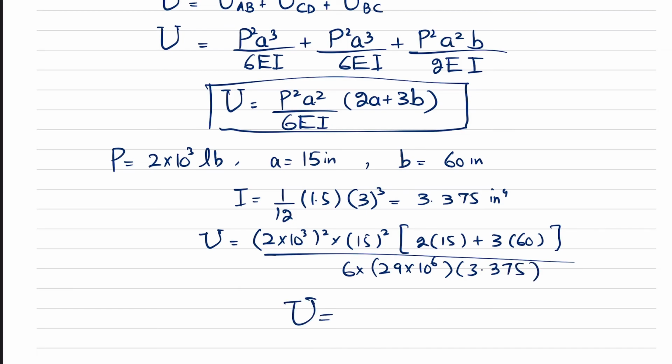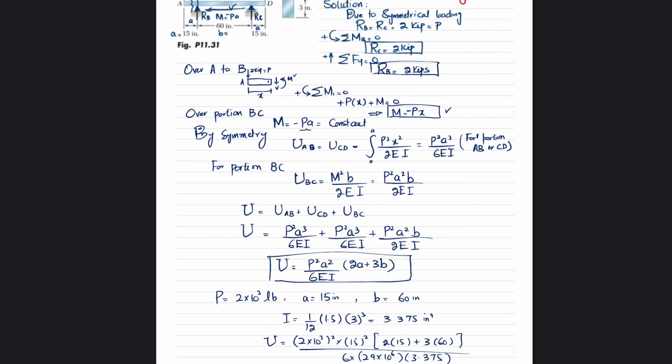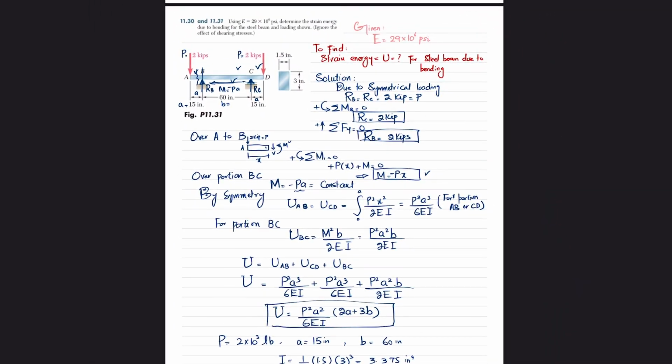After calculation, you will get 322 pounds into inch. So this is the answer. The total strain energy for the given loading of the beam shown is 322 pounds into inch.